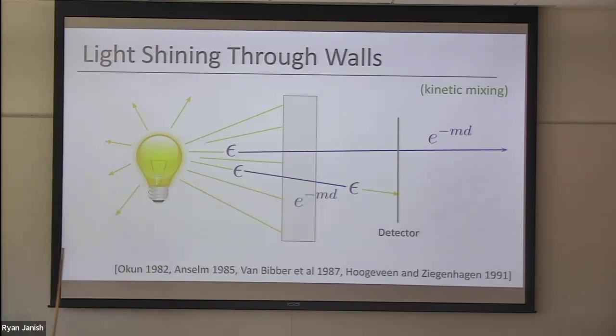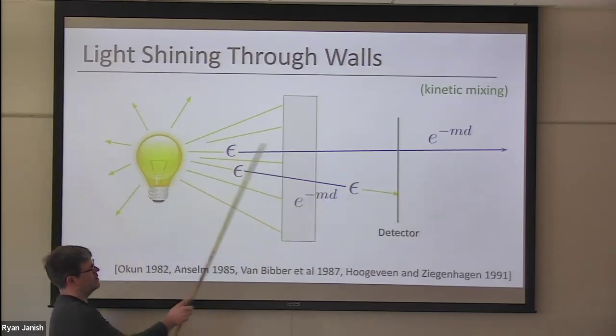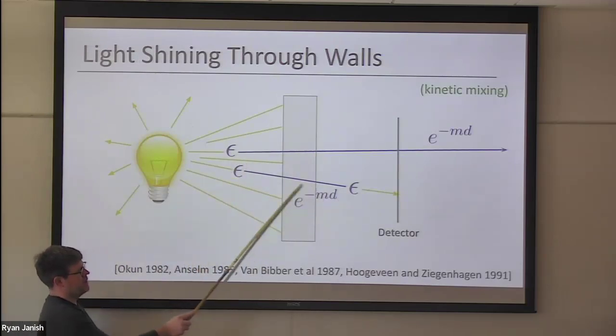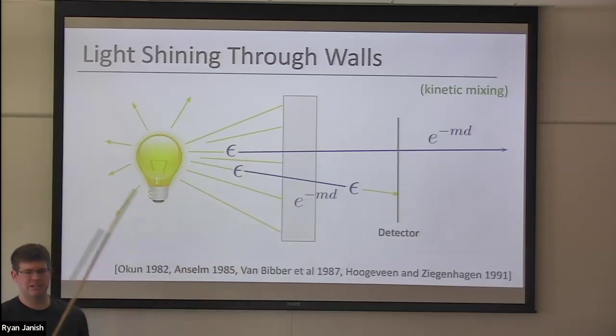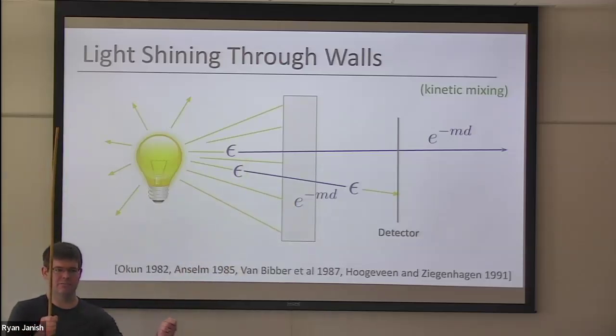So here's a good way to think about it at a cartoon level. If we are now in an evanescent regime where the mass of the hidden photon is much bigger than the frequency, then I should think of each of these propagations as coming along with some evanescence suppression factor, where d is just the distance the hidden photon has propagated.